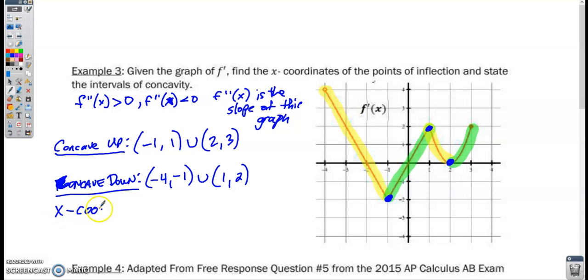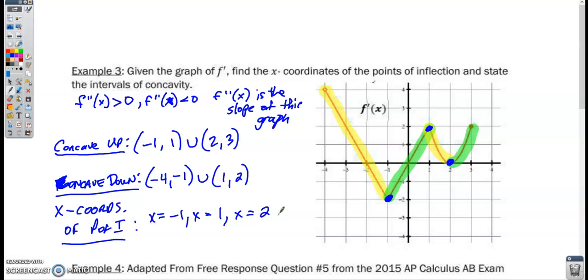So the x-coordinates of our points of inflection are at x equals -1, x equals 1, and x equals 2. And there's everything for example 3.